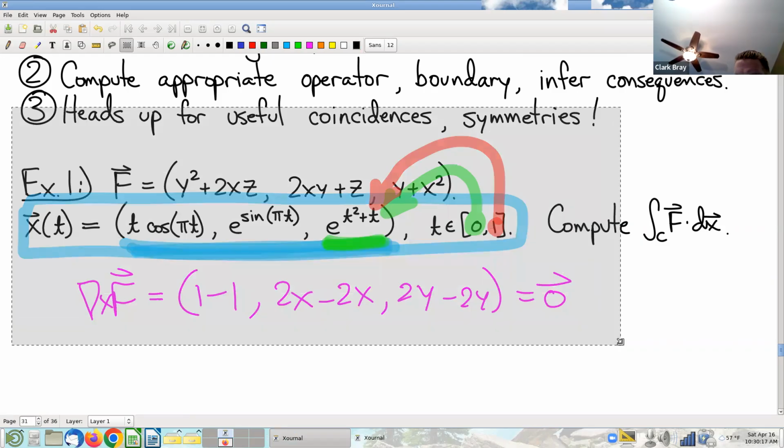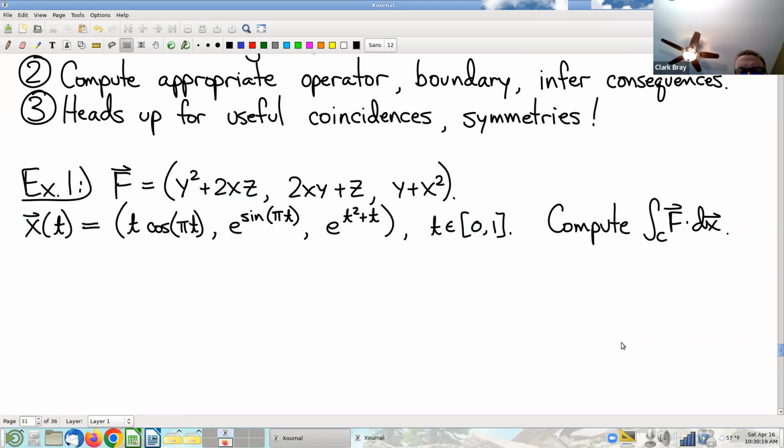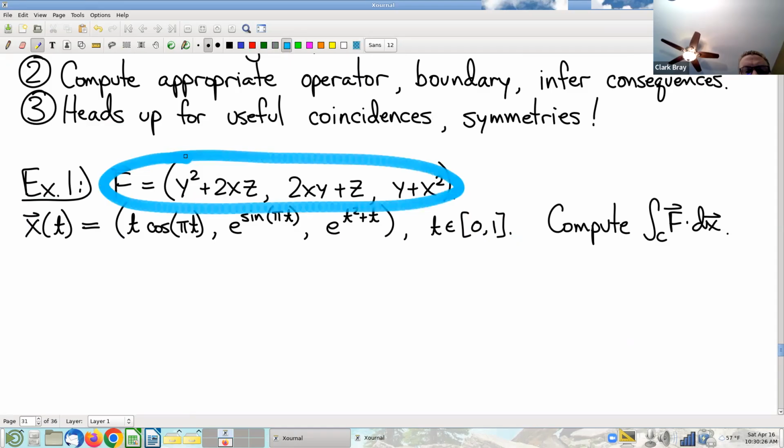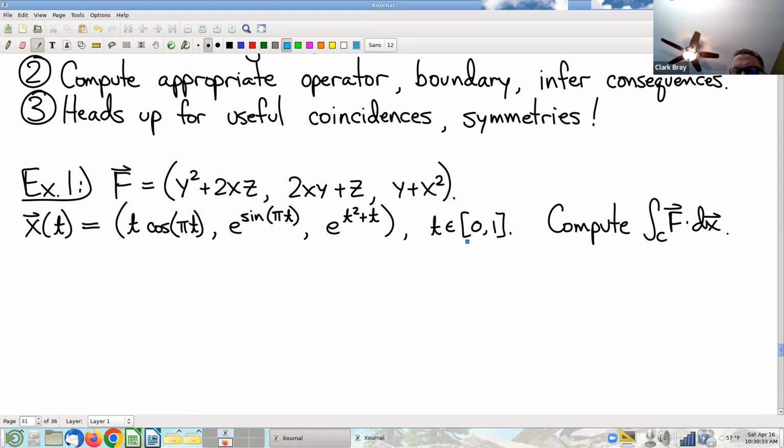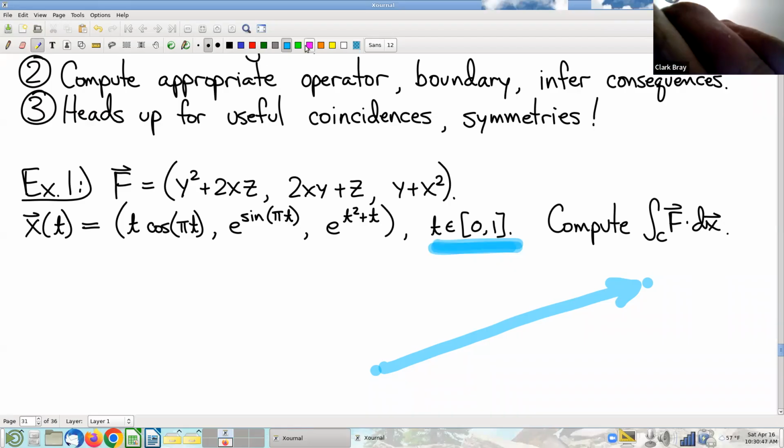You could find the anti-gradient of that vector field and plug in the points, etc. Or your other option, you could find the starting and ending points, parameterize yourselves a straight line segment, almost certainly the most convenient choice, a straight line segment from the given start to the given end, because do keep in mind, we have to preserve the boundary, right?